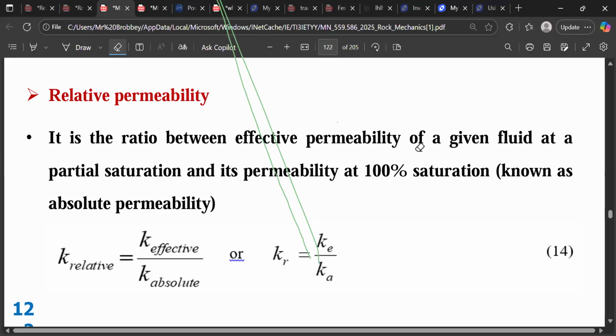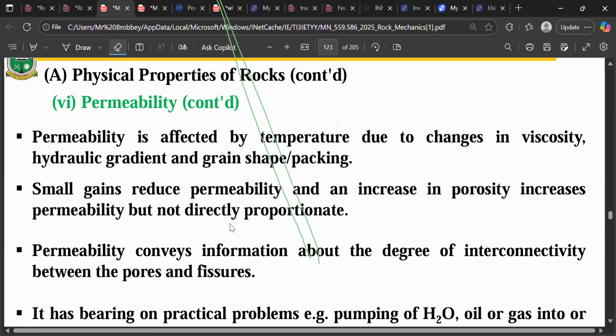So, how much can I really allow fluids to pass through me, and then how much am I allowing some fluids to pass through me? The ratio between these two gives something called relative permeability, so we say that Kr is equal to Ke over Ka. So that is relative permeability.